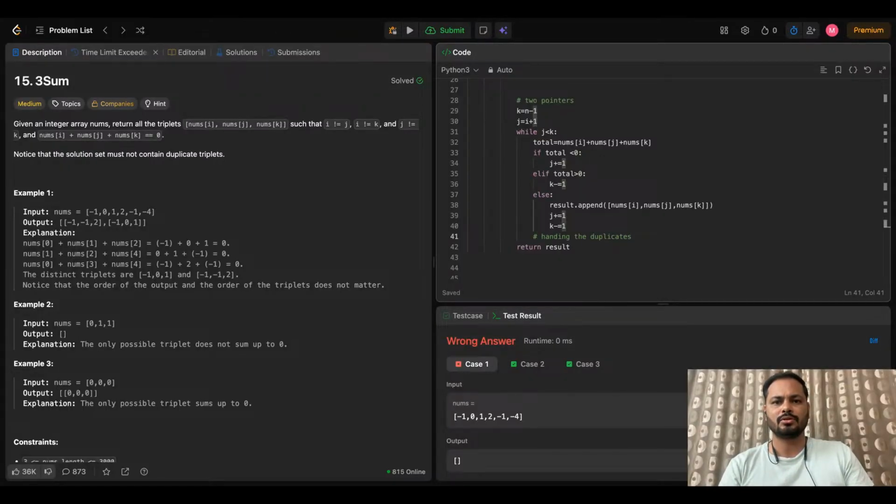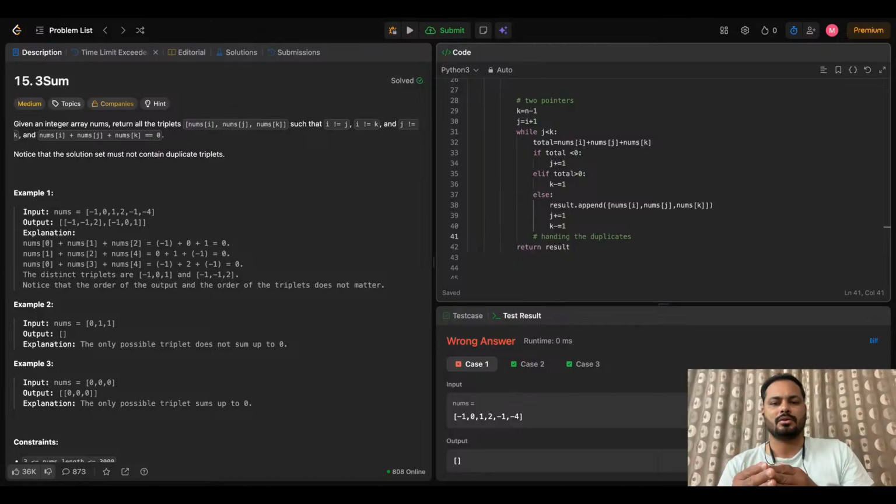So how do I handle the duplicates? Basically, if nums of j and nums of j minus 1 are equal, then it will do j plus equals 1. It will shift.